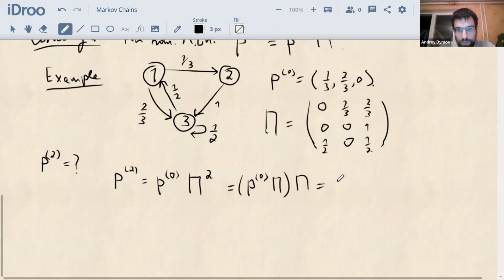Okay, so what should I write? So pi 0 times the transition probability matrix. Here I have 0, right? Here I have 0. Then here I have a 1/9, and here I have what do I have?